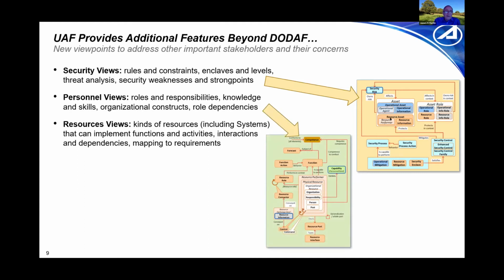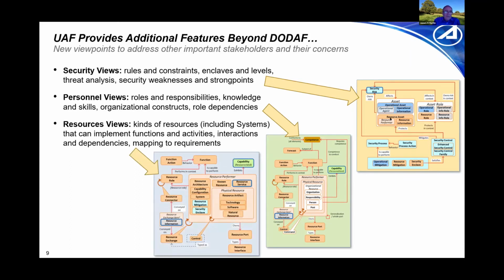Personnel views weren't in the NATO architecture framework, but they were the result of some studies that NATO did, because they realized they need to model the human aspects of their solutions. And the resources view is really just an expansion of the system view. So you'll notice there's no longer a system view in UAF, because system is just one kind of resource.